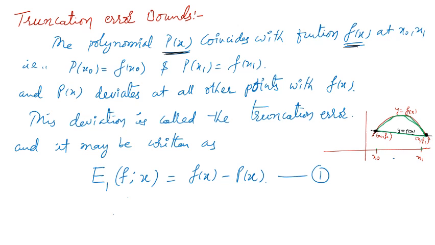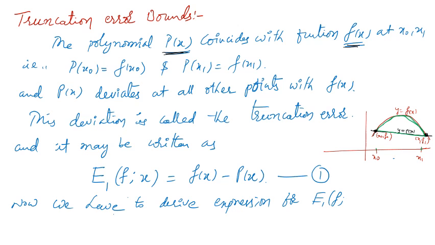Now we have to derive an expression for e1 of f at x, that is, the bound expression for e1 of f at x, for all other points, x not belonging to x0 and x1.